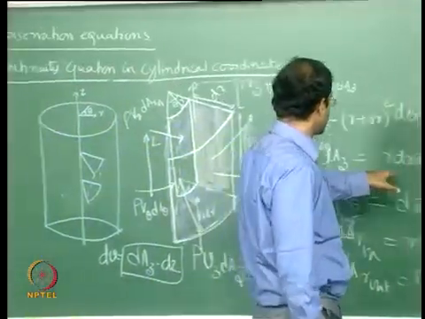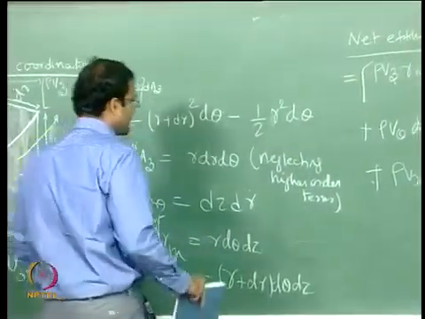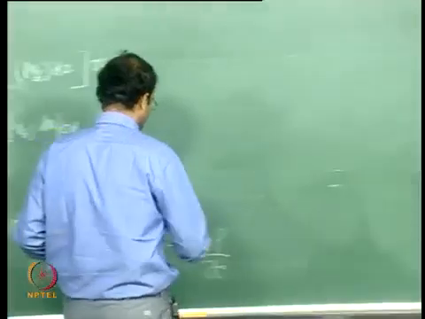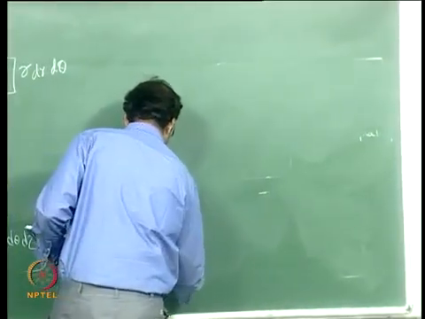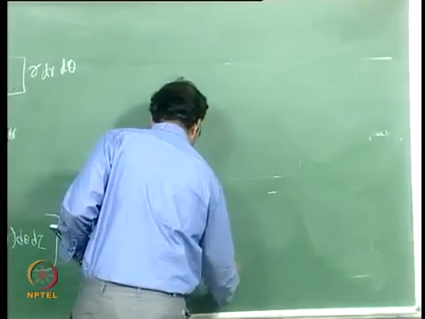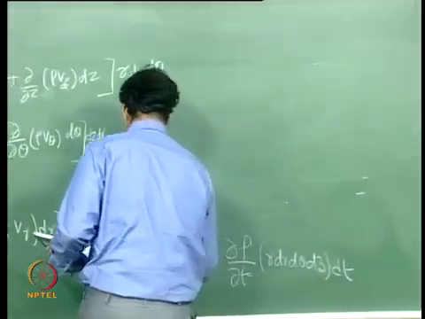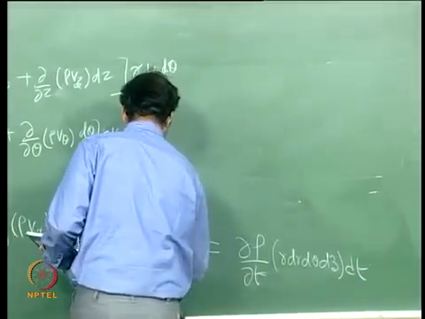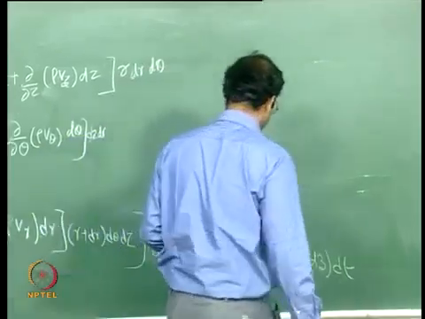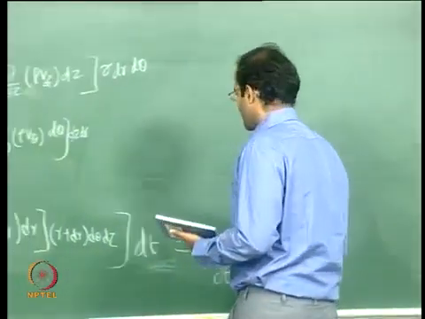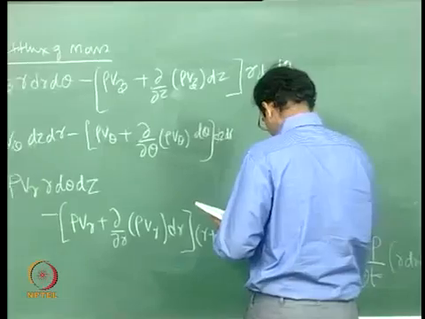Already we have seen dAz is r dr into d theta, so therefore the entire control volume will be r dr d theta into dz multiplied by dt, or delta t, will give me the corresponding change in the mass. Okay. So now you can knock off the common terms.